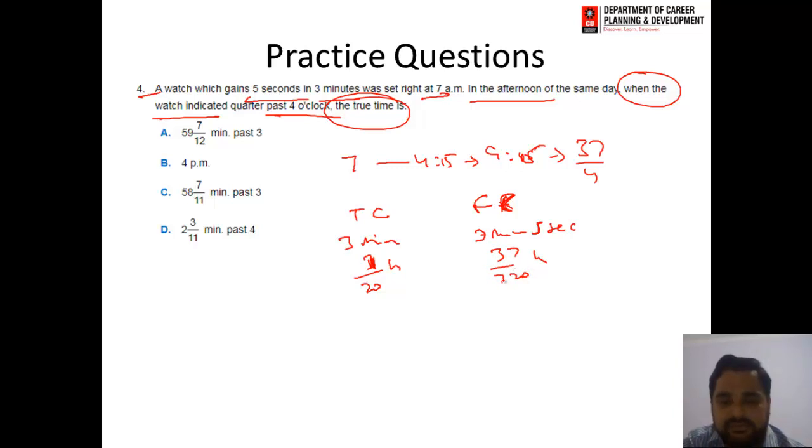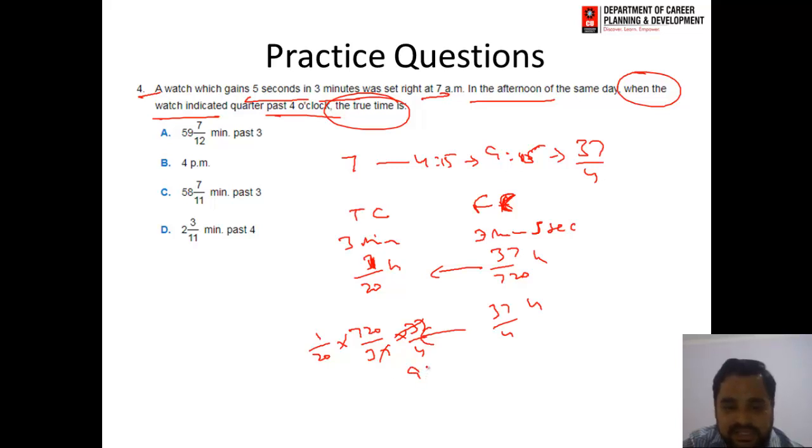It means for 37 by 720 hours, there is a change of 1 by 20 hours in the true clock. So what could be the change for 37 by 4 hours in the true clock? So the true clock is changed by 1 by 20 into 720 by 37 into 37 by 4. If we solve this value, we have the answer as 9 hours. Hence, the answer for this question is 4 p.m., which is just 9 hours after 7 a.m. Answer is option number B.